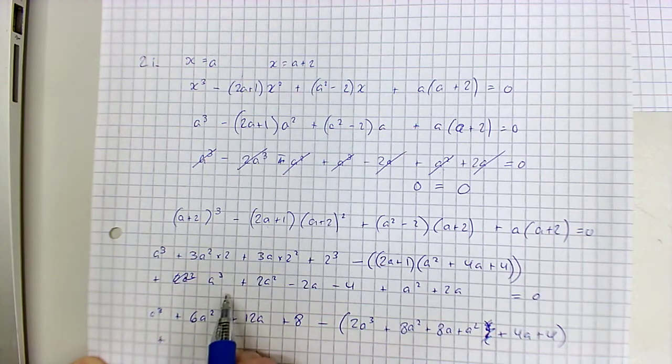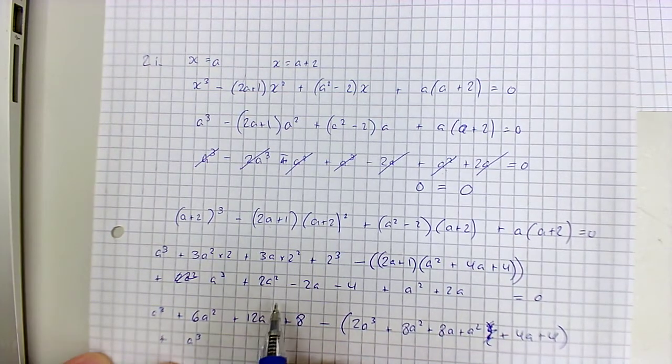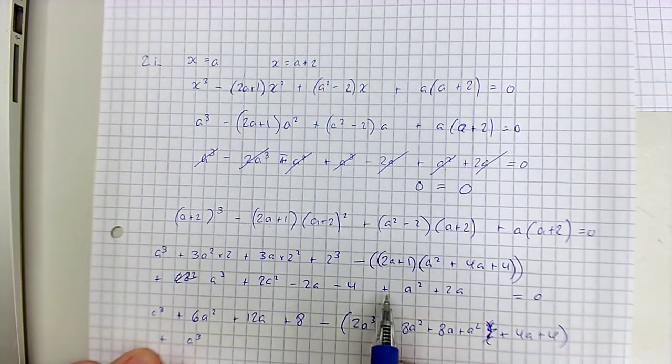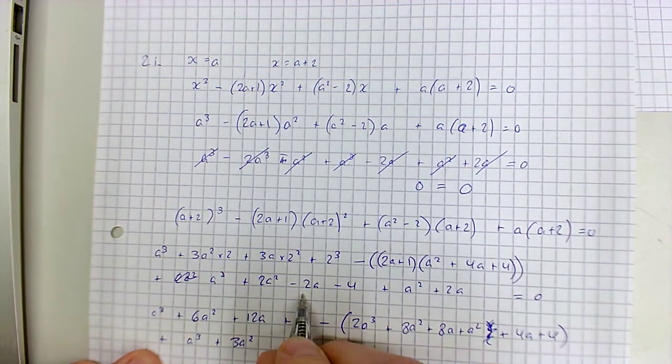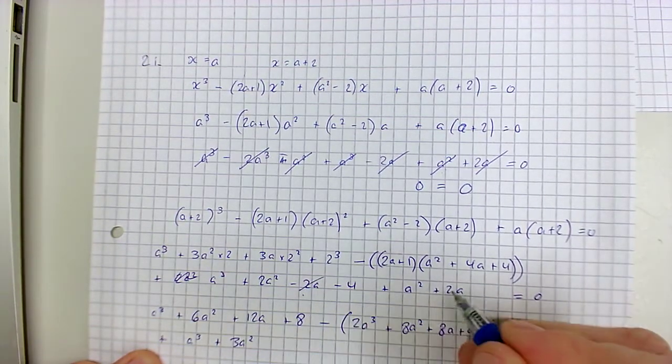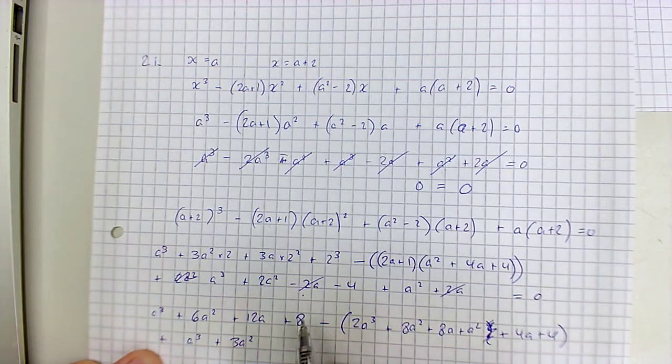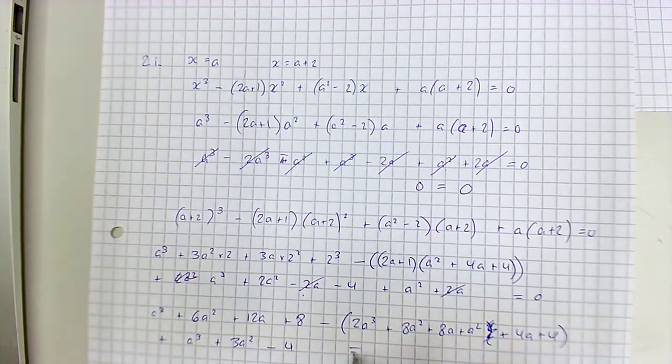And then I'll probably just collect like terms in this bit now. So I've got a cubed plus 2a squared plus a squared, so plus 3a squared minus 2a plus 2a, they already cancel, minus 4. And all that equals 0 again.